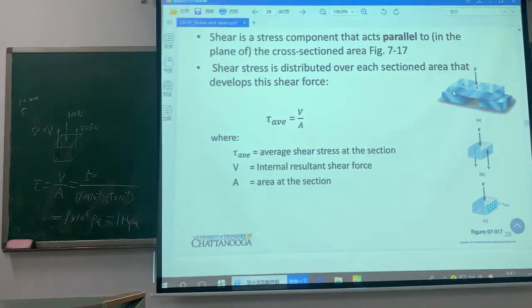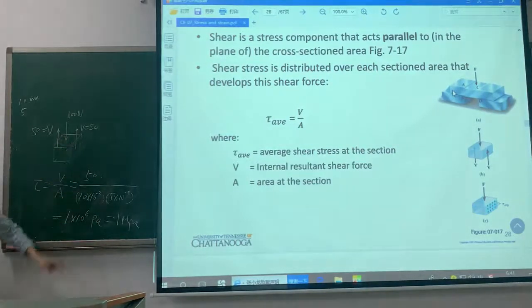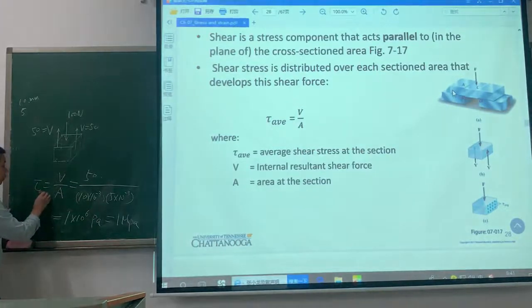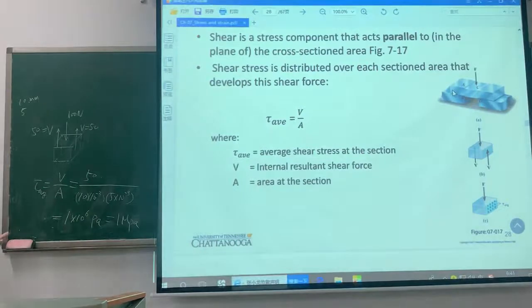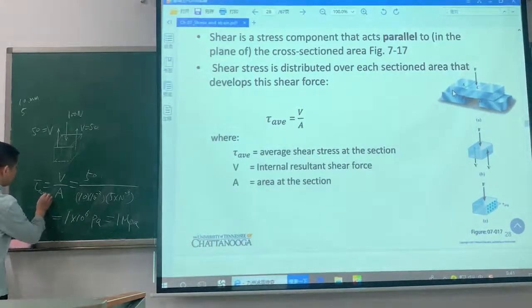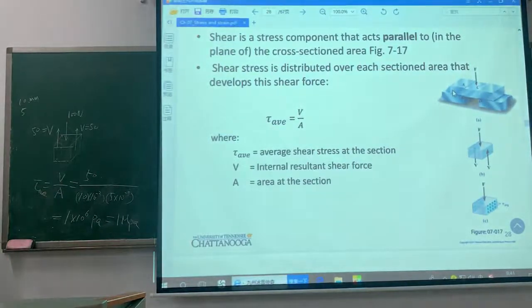This shear stress happened on the section, and it is the average shear stress on the section.